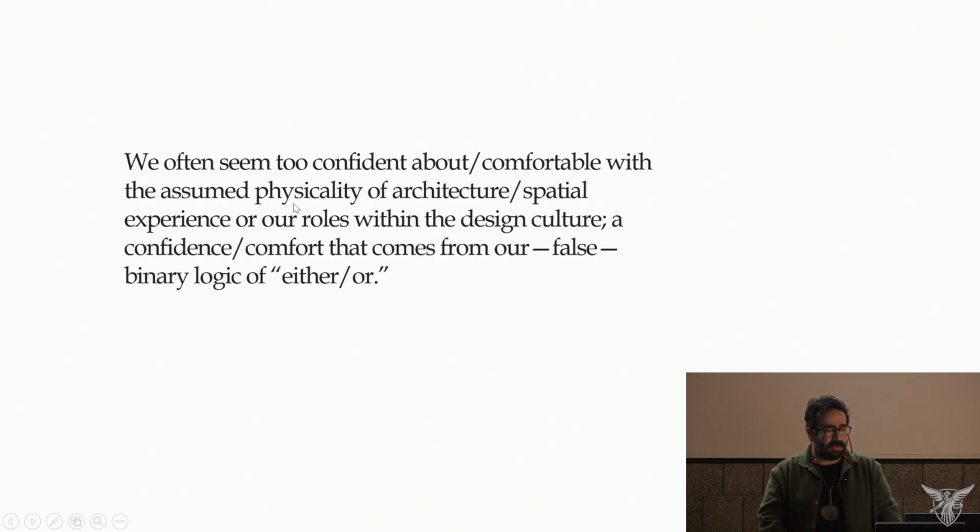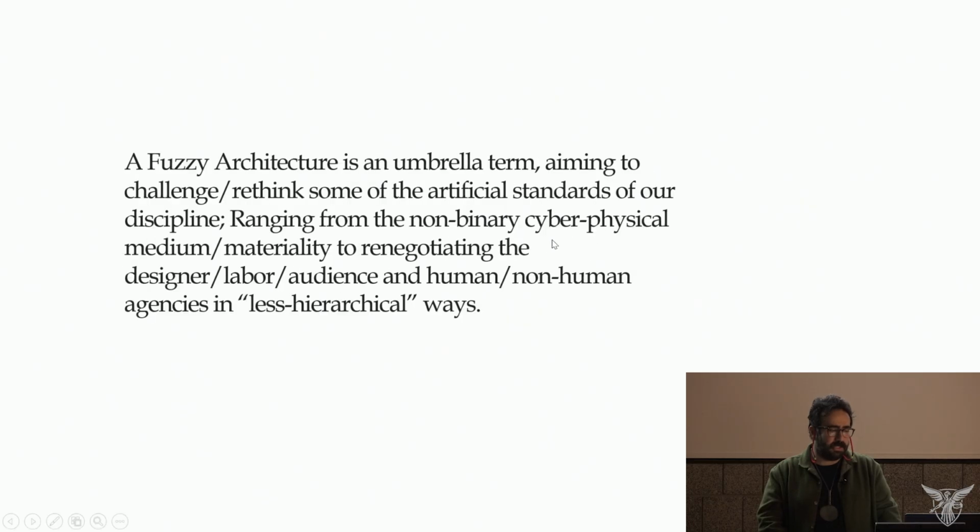Especially when it comes to physicality and digitality, it tries to question the confidence that we have about the physicality of architecture, and proposes that potentially there is somewhere in between, an architecture that is neither nor but and both, cyber-physical and probably less hierarchical.